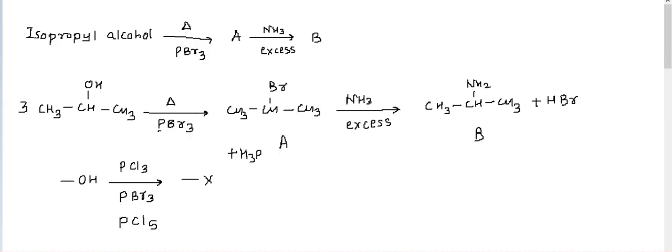That is H3PO3. So this is the byproduct. This is how we can solve all the series if we are clear about all the preparation methods and reactions of that functional group.